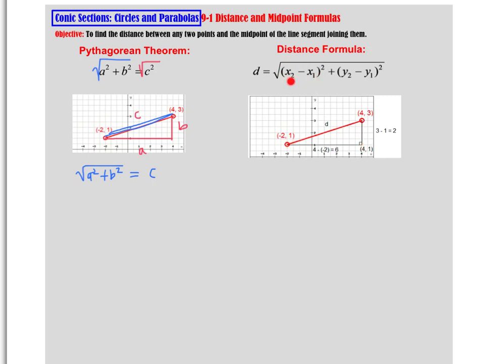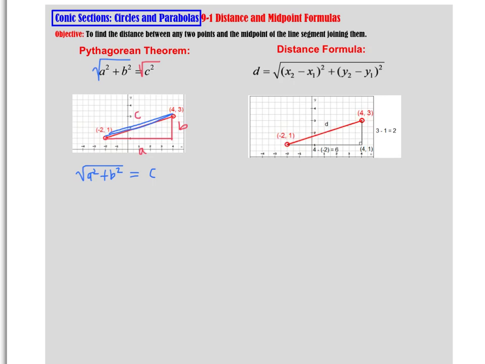So you can see that happening here. That length A is going to be the difference between the x coordinates. And that length B would be the difference in the y coordinates. And then otherwise it's the same formula. It'll find us that length of the hypotenuse, or in this case what we mean is the distance between the 2 points.